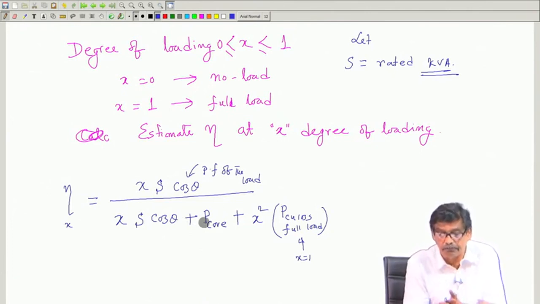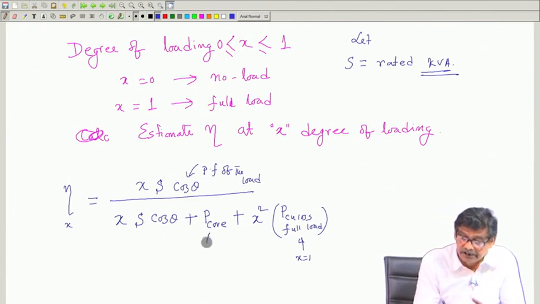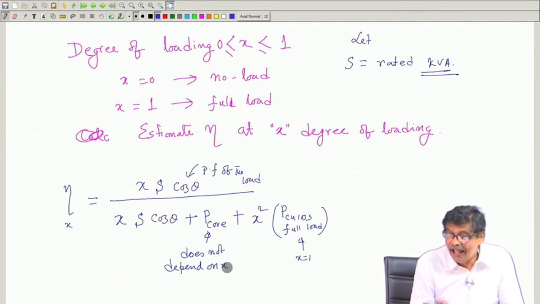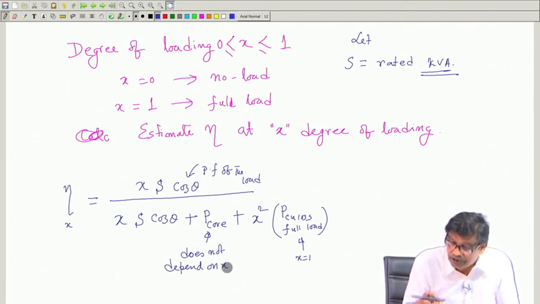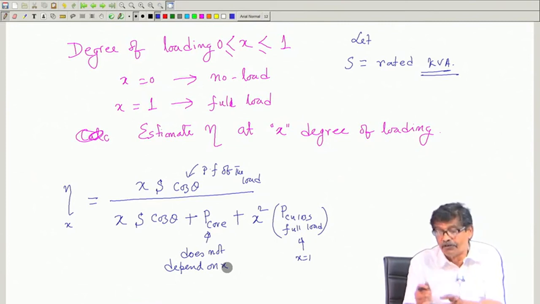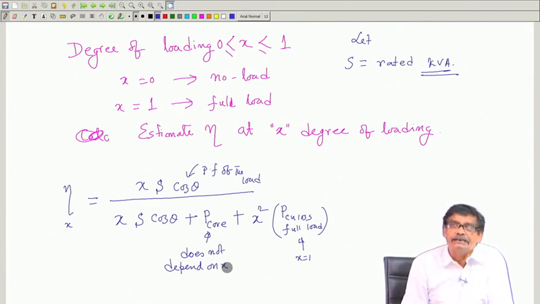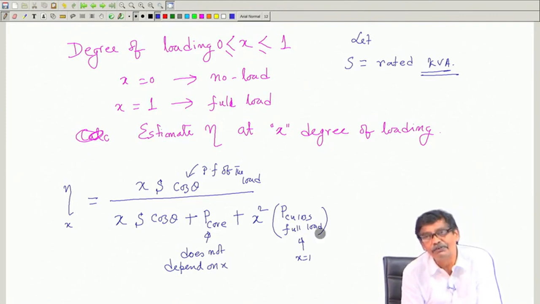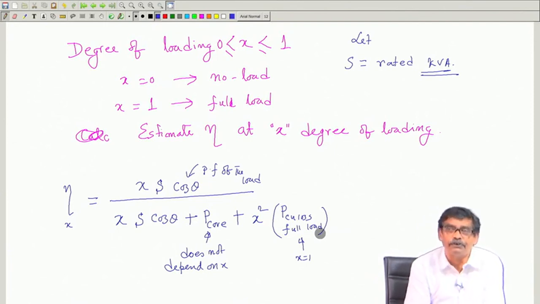One is the fixed loss P core, which does not depend on x. And P copper loss at full load I have defined, at rated current the copper loss is this. Then if it is loaded at x degree of loading, the copper loss at that degree of loading must be multiplied by x square, where x may be half, 3/4, 40%, 0.4 and so on.